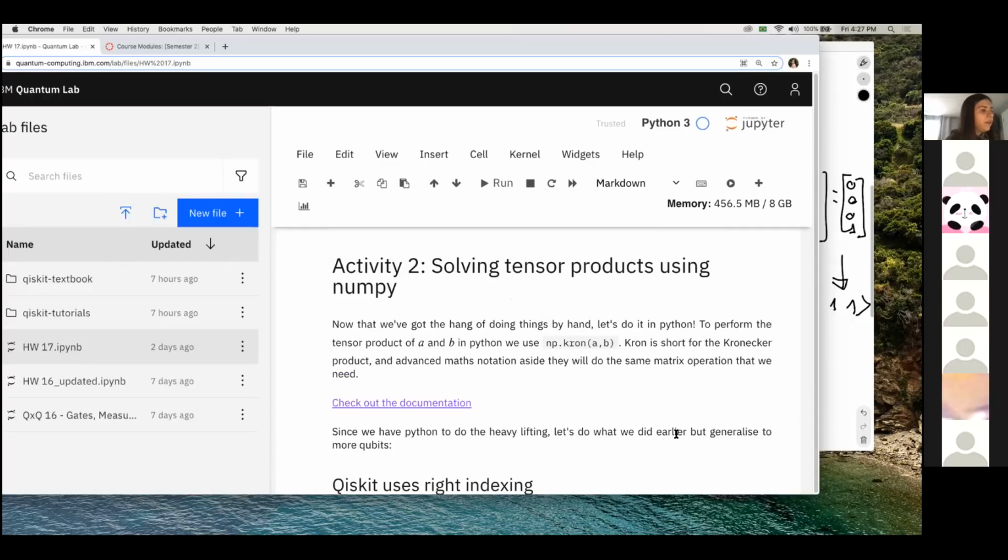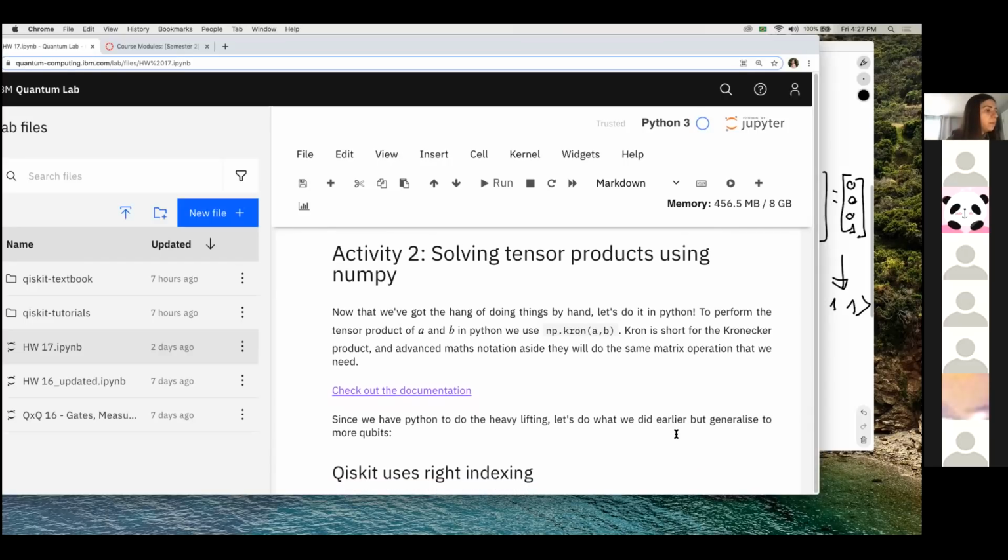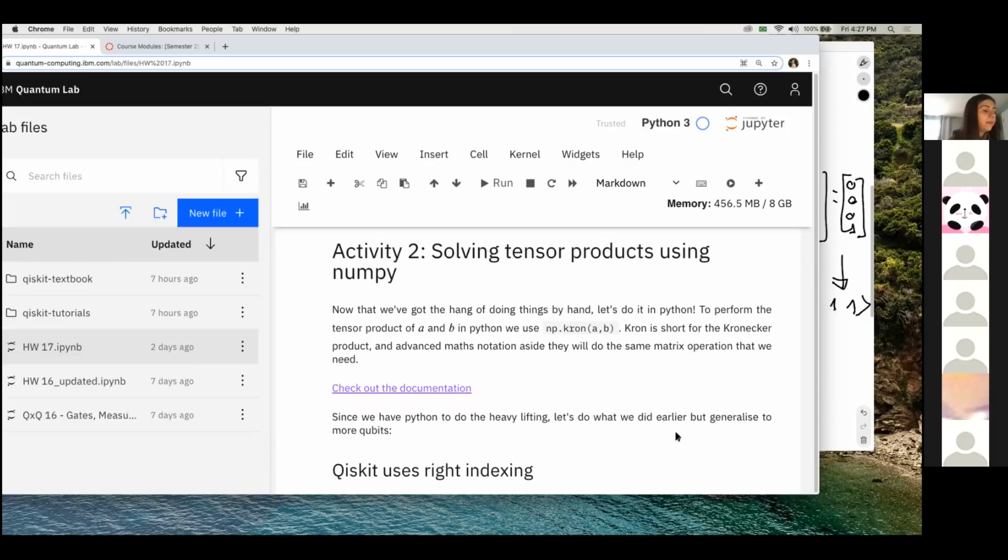Now that we've got the hang of doing things by hand, let's do it in Python. To perform the tensor product of A and B in Python, we use np.kron(A, B). Kron is short for the Kronecker product. And advanced math notation aside, it will do the same matrix operation that we need.